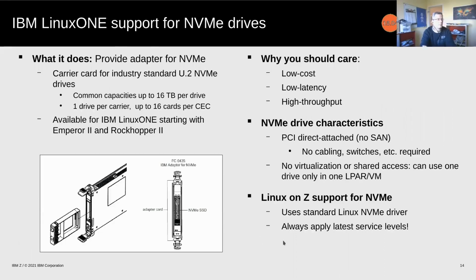So next up in storage would be NVMe devices. Again, this is something we continue to talk about because this is a feature which is only available for LinuxONE. So it's not available for regular enterprise IBM Z machines or single rack models, if you will.